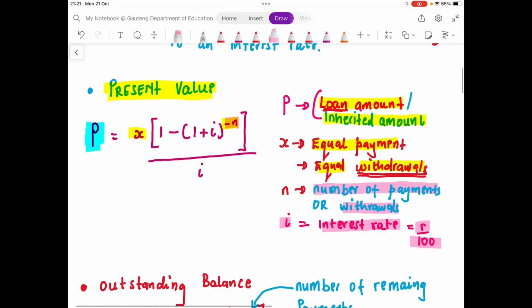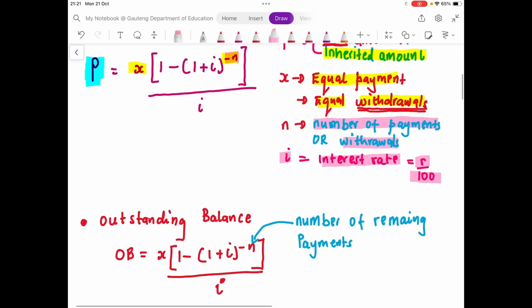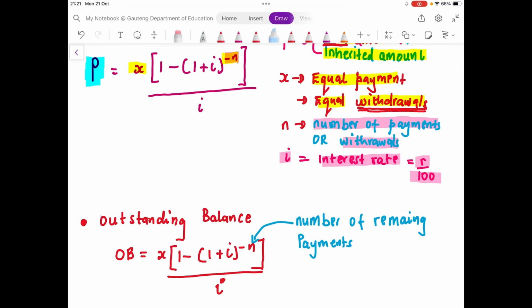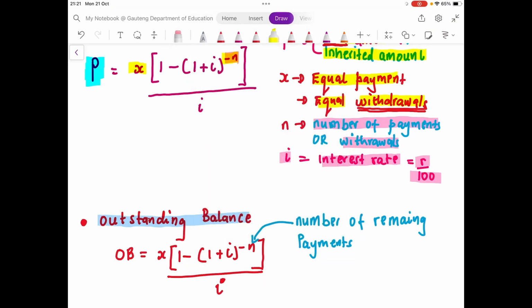Okay. Now, we also have outstanding balance. After you have made a certain number of payments, you need to know how much you are still owing. You go to the bank and ask them for the outstanding balance. How much is outstanding? To calculate the outstanding balance, we use this formula here. There are two methods, in fact, but I will stick to this one.